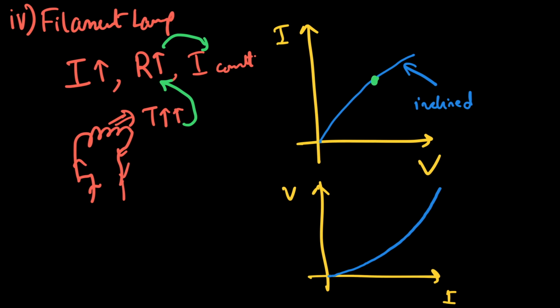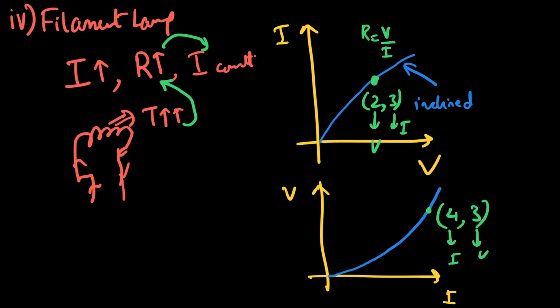So whatever the coordinates of these points are, for example, this point's coordinate is 2, 3. Just giving an example. That means 2 is your voltage, 3 is your current. Just use R equals V over I and get the answer. Similarly on this curve, let's say the coordinates are 4, I don't know, 3, just as an example. That means 4 is your current and 3 is your voltage. Just look at the axes.